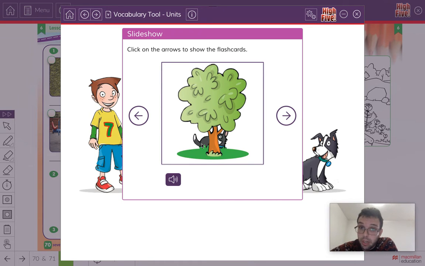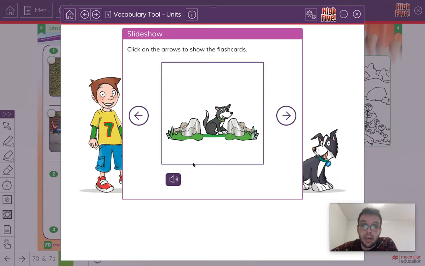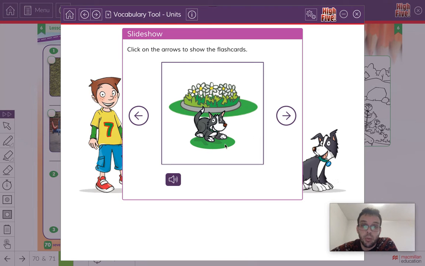Now, this was the directions. Do you remember? Where is Toby? He's behind the tree. Behind. Behind the tree. Where is Toby? Do you remember? Between. Between the rocks. Where is Toby? Do you remember?